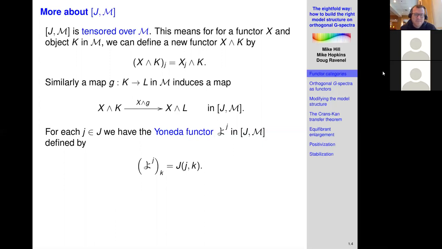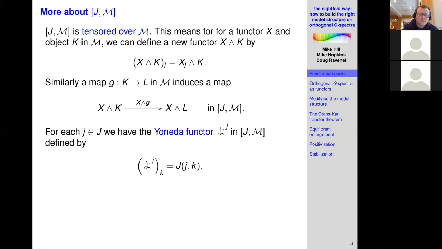Anyway, this is the functor L upper J. It's defined for each object j in J, and it's a functor from J to M, so I have to tell you what it does on an object k, and it is defined as indicated by this equation. It's the morphism set in J from little j to little k.